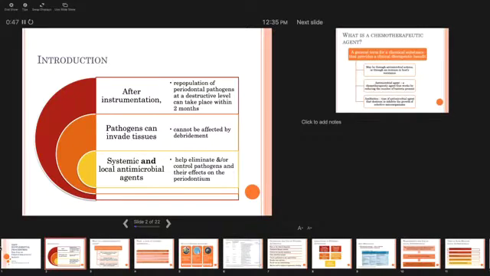We also know that systemic and local antimicrobial agents can help eliminate and or control pathogens and their effects on the periodontium. So, like I said on the slide before, we're going to talk about these supplemental procedures that use chemotherapeutic agents, such as Arrestin.